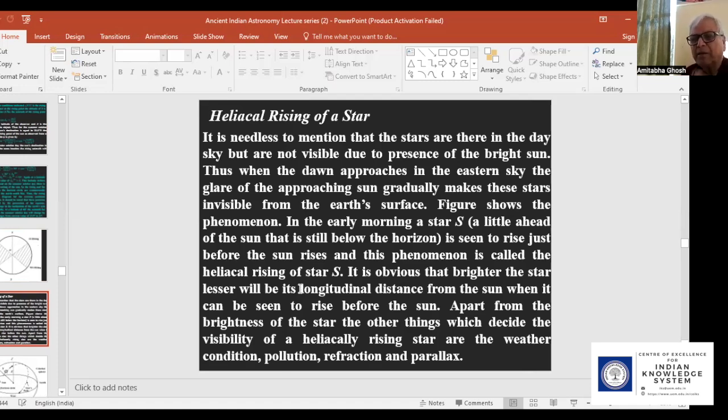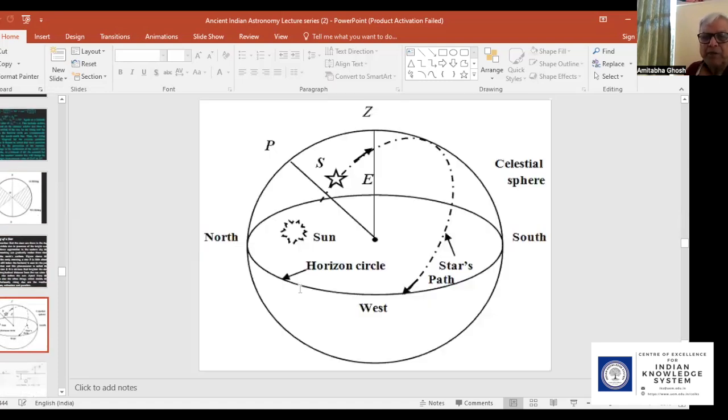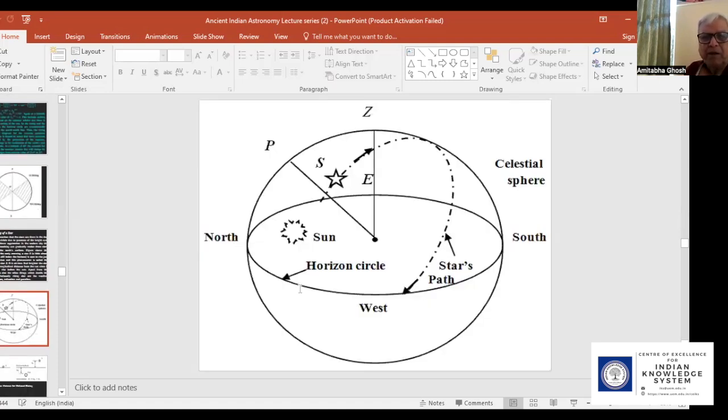Heliacal rising means in the early morning, these objects are seen last before they get obliterated because of daylight. They are just ahead of the sun, which is following. The sun is below the horizon, and the object is above the horizon, like this. So you can still see stars and other things because sunlight is not yet bright enough, and then it vanishes.